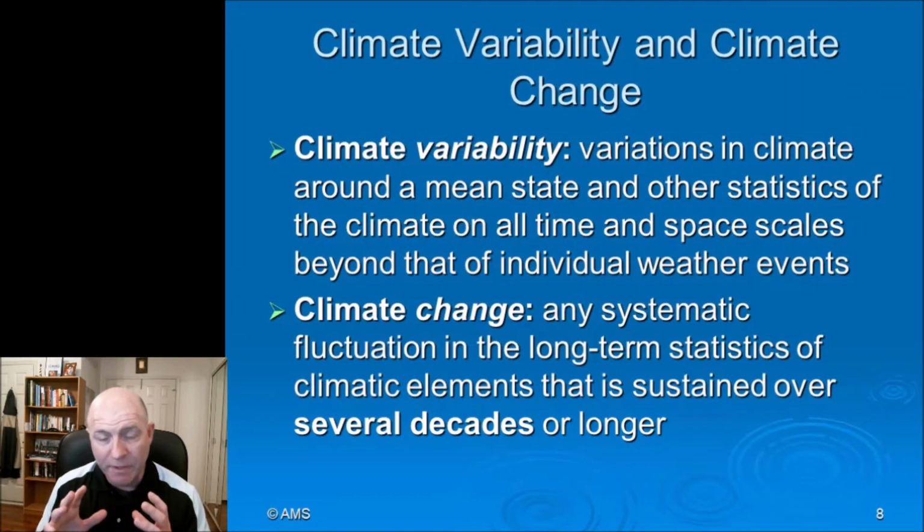Climate variability is essentially the variations within the system, the variations around a mean or an average state that we use statistics to calculate, whereas climate change is a systematic fluctuation in those long-term statistics in one direction or another.